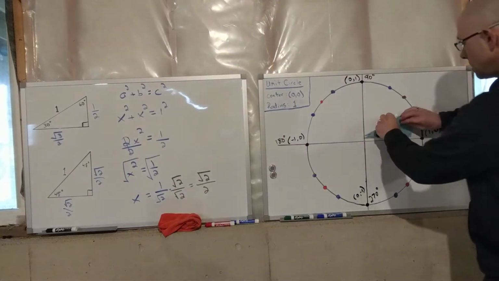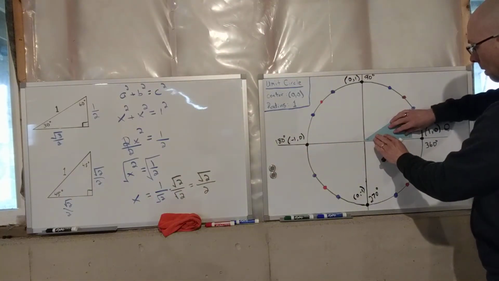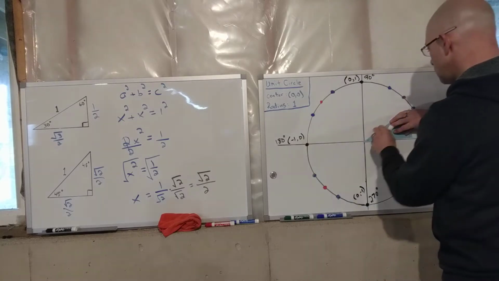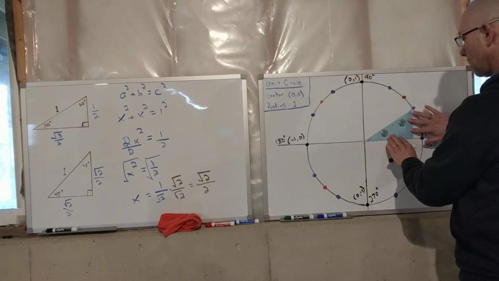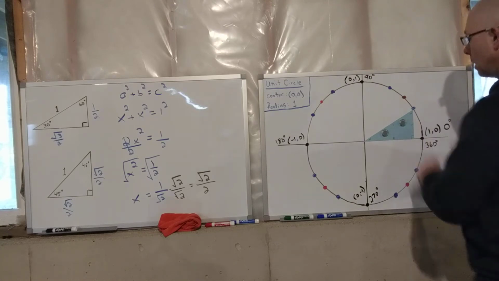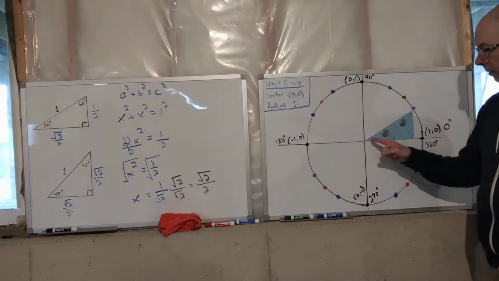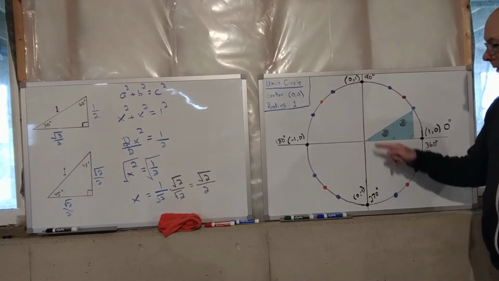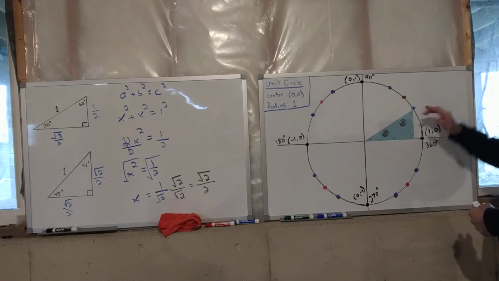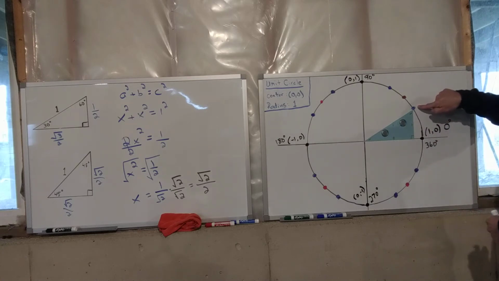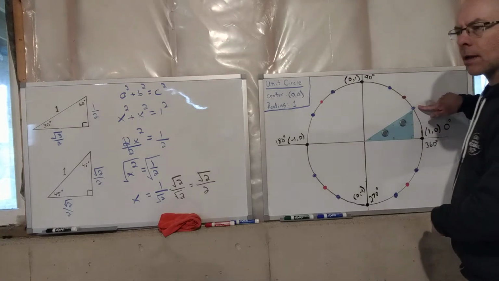When I left the first video yesterday, I had placed that right about here, with the 30-degree angle right at the origin. The hypotenuse acts like your radius, so that's how it fits really nicely in here. And I put this blue dot right here, and I left that there yesterday.